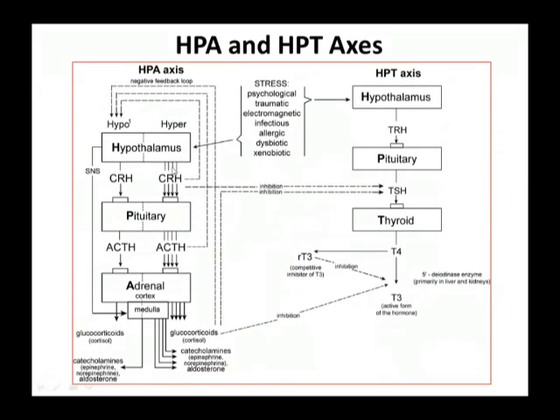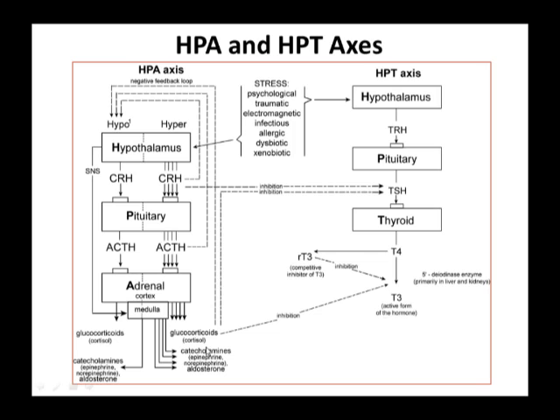But in chronic stress, we get increased CRH, increased ACTH, and increased cortisol over time. Now, it turns out that CRH can actually inhibit the chemical called thyroid stimulating hormone, which the pituitary is also producing to tell the thyroid to make more thyroid hormone. So TSH is inhibited because of chronic stress.